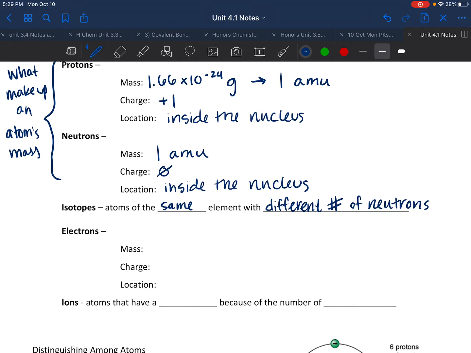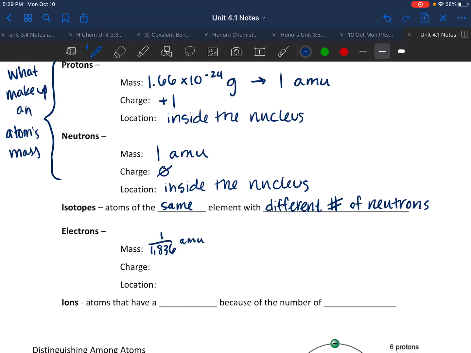And so the third subatomic particle that you guys have to know about are electrons. If we are thinking in terms of AMU, the mass of an electron would be 1 over 1,836 AMU. So that's tiny.